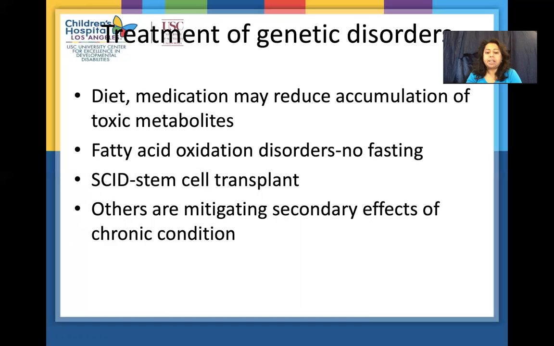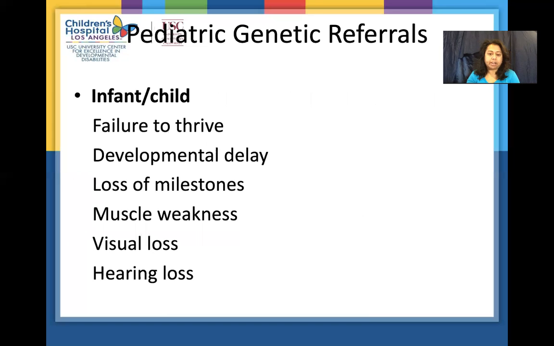And then last but not least, sometimes we're not able to treat a particular condition, but we might be able to mitigate secondary effects. So again, thinking about the red flags that I brought up earlier, getting that early referral to geneticists and genetics multidisciplinary centers might be really pivotal in changing the outcome of a person's life course.